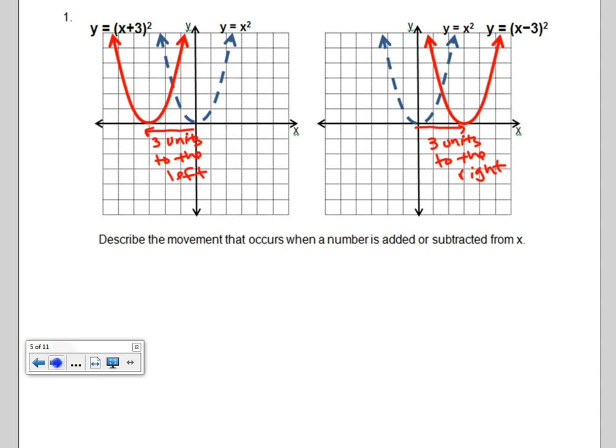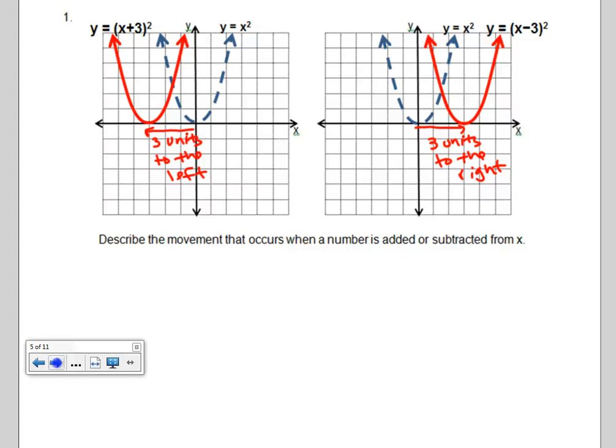So if you have a number being added to the x with it inside the parentheses, that is always going to move in a left or right motion. If it's a plus number, it's going to move to the left, and if it's a subtract number, it's going to move to the right. All right, so we'll write it like this.